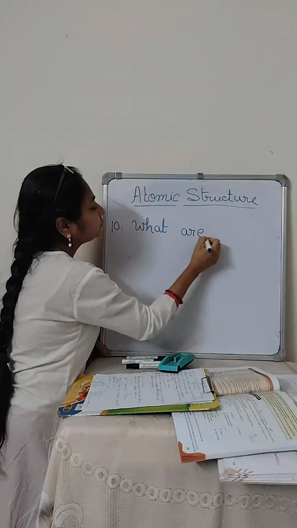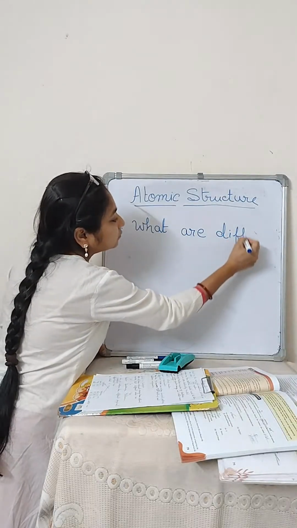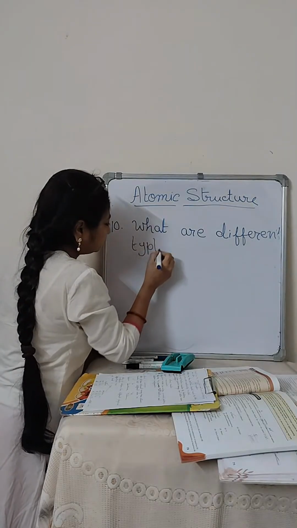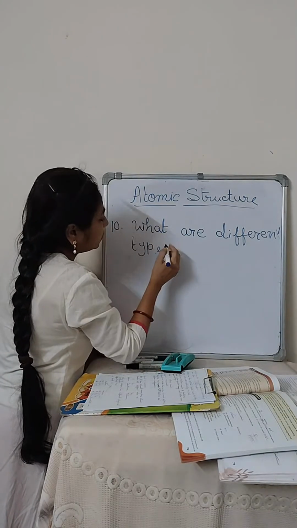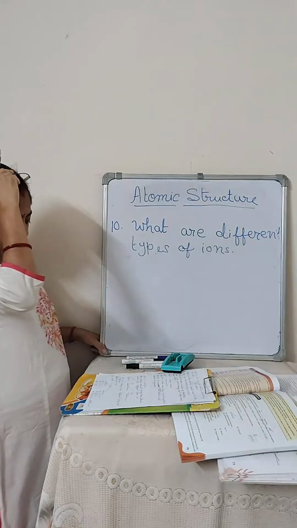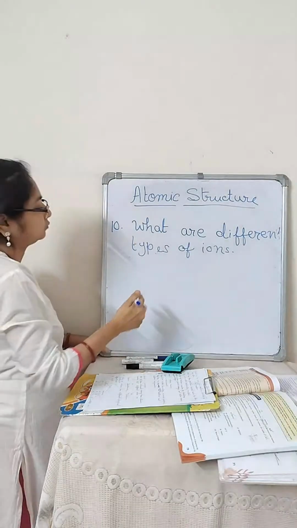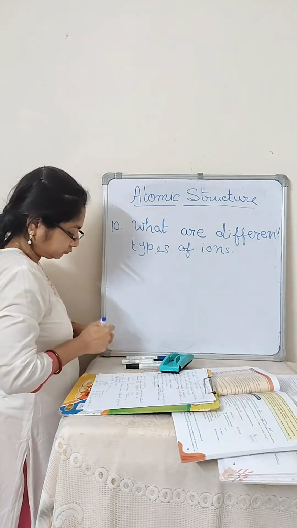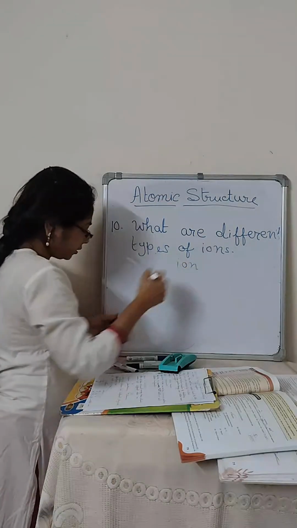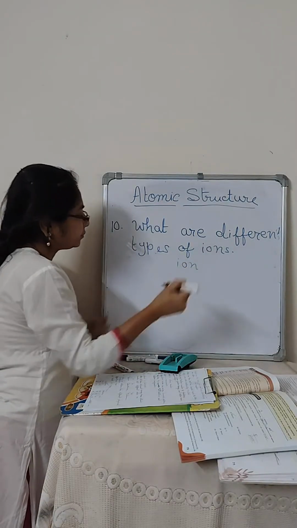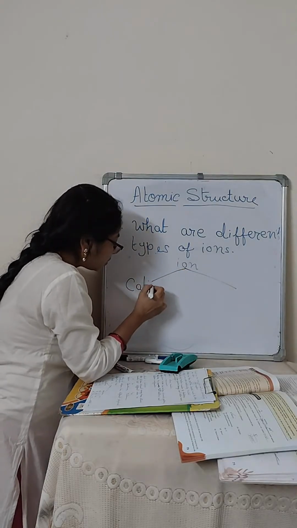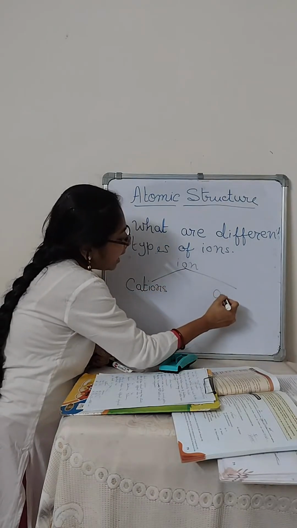Ions are of two types: cation and anion.